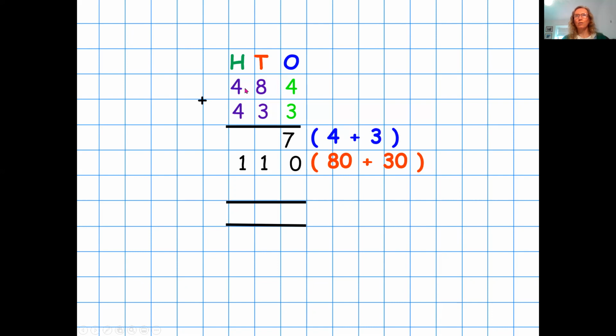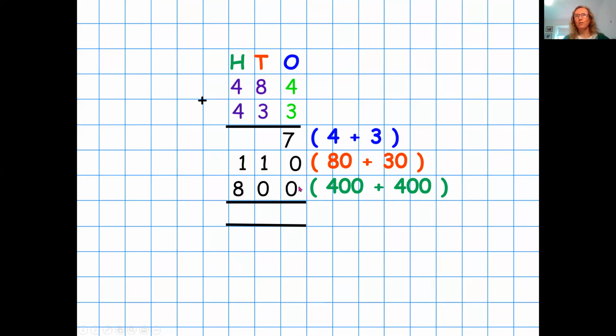Then we're going to add the hundreds. So we've got 400, add 400. So 400 add 400 is 800. So we've got 8 in the hundreds, 0 in the tens and 0 in the ones. Now we're going to add these answers together, the 7, the 110 and the 800.